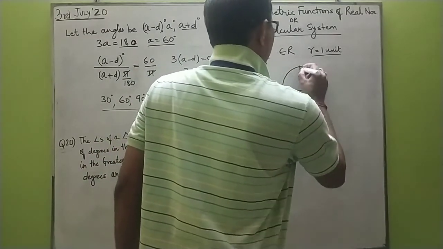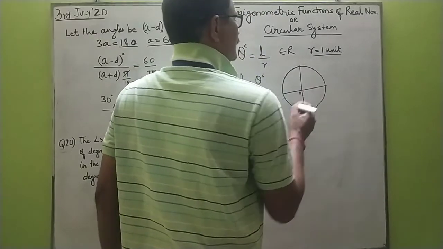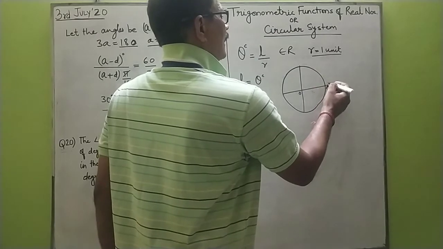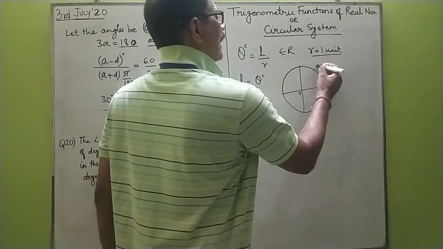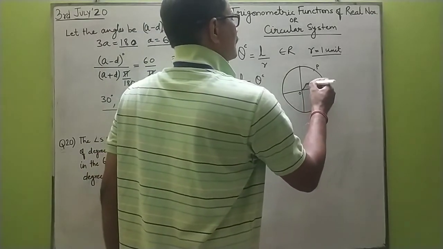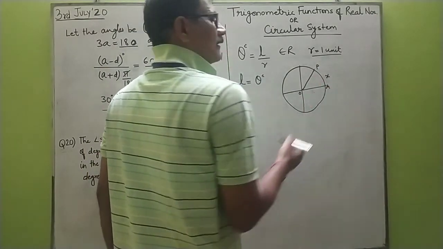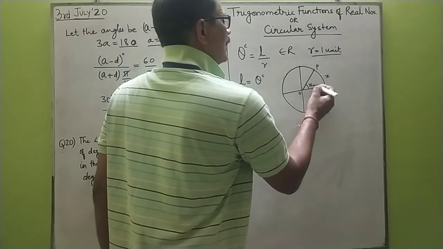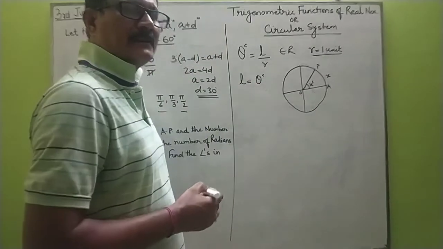I've taken a unit circle here with center O and radius 1. This is all 1, and from A it moves to point P anti-clockwise, covering a distance of x. Then this angle in radians will also be x radians. That's what I mean to say.